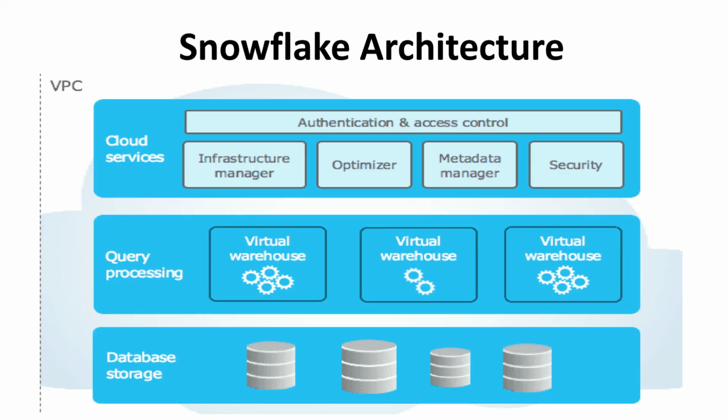Snowflake's unique architecture consists of three key layers: database storage, query processing, and cloud services. Database storage. Snowflake uses highly secure cloud storage to maintain all your data. Snowflake stores all data in databases. A database is a logical grouping of objects consisting primarily of tables and views organized into one or more schemas.